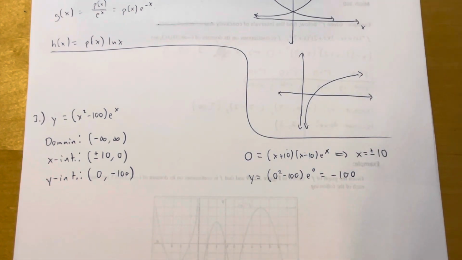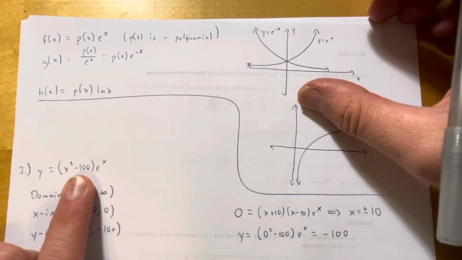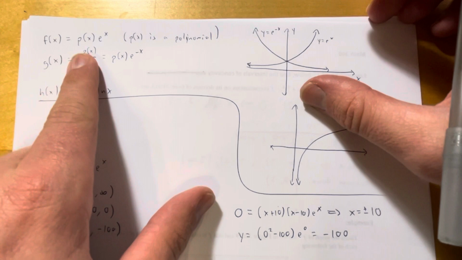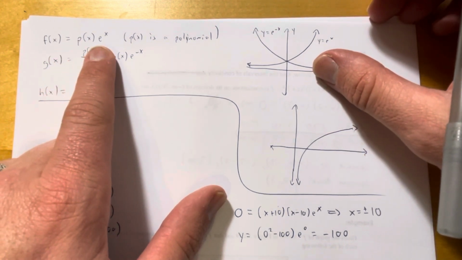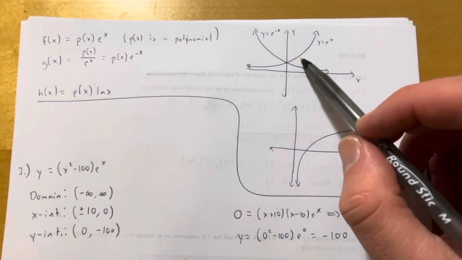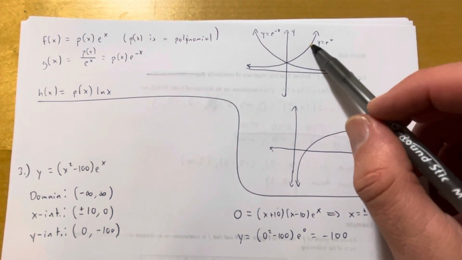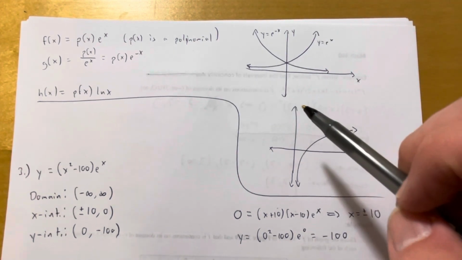Okay, next up, horizontal asymptotes. Well, we kind of discussed what to do in a case like this, because what we have is a polynomial times e to the x. And we said that if f of x is equal to some polynomial times e to the x, there will be a horizontal asymptote. It's not going to affect the graph as x approaches infinity, but it will affect the graph as x approaches negative infinity.